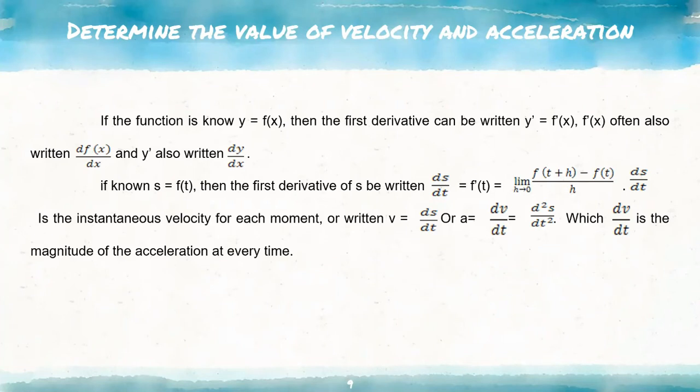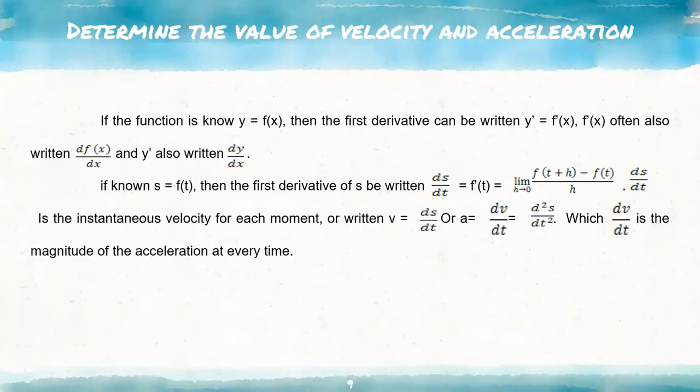If the function is y equal to f(x), then the first derivative can be written y prime equal to f prime of x. f prime of x is often also written df/dx, and y prime also written dy/dx.